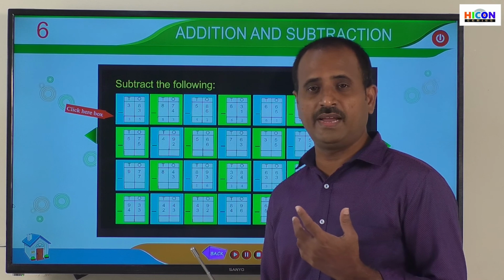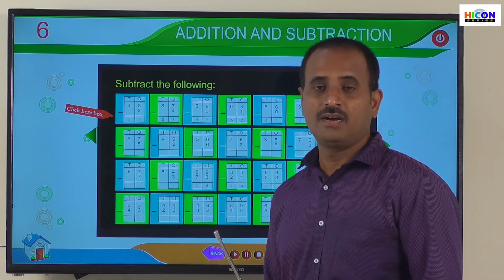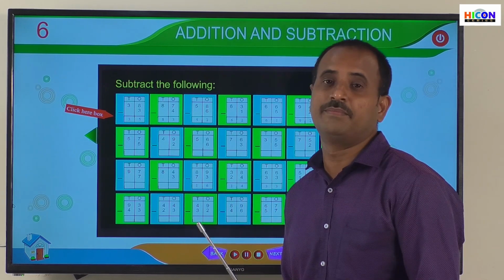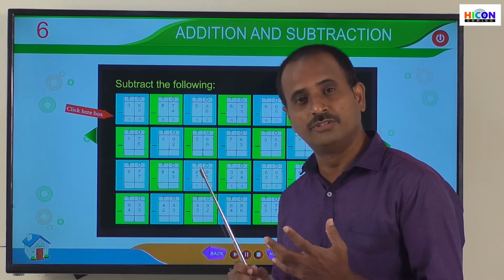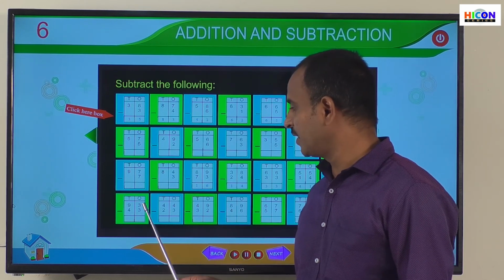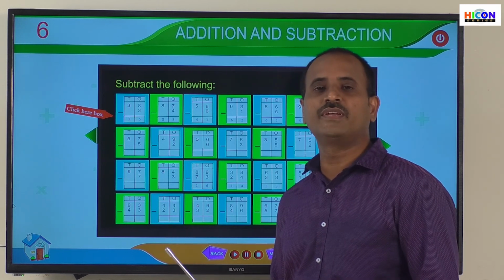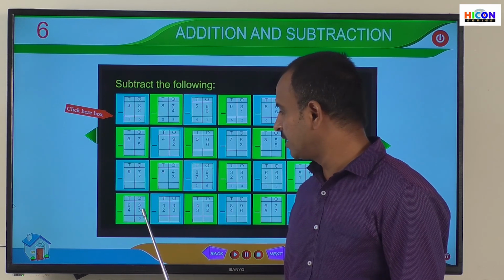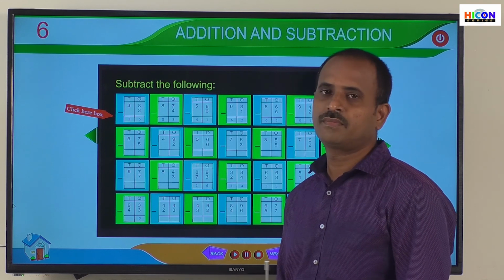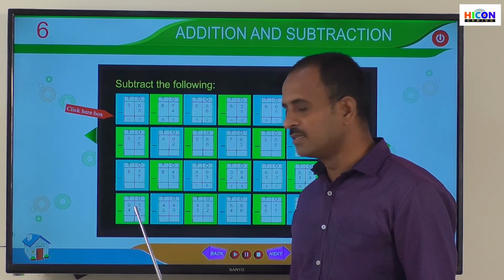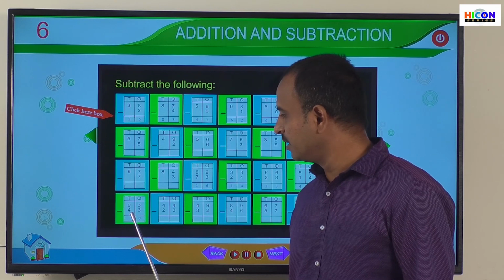So if you subtract the same numbers, the answer will be 0. Why? Because open 3 fingers and close 3 fingers. How many fingers will be there remaining? There will be no fingers, that means 0. 3 minus 3, 0.